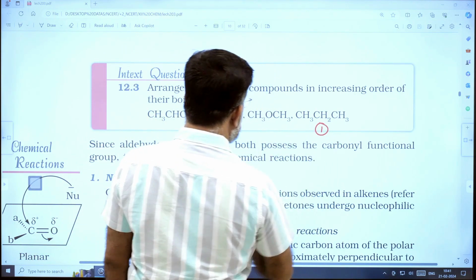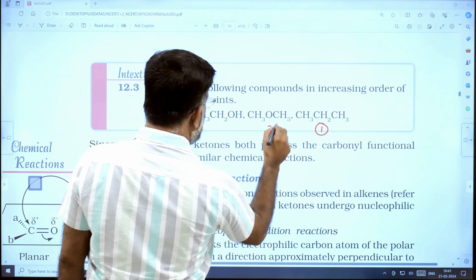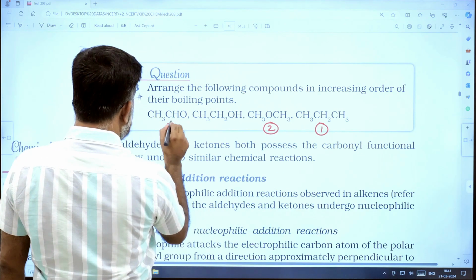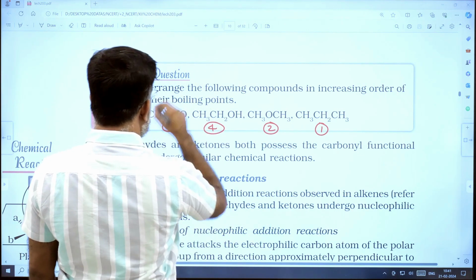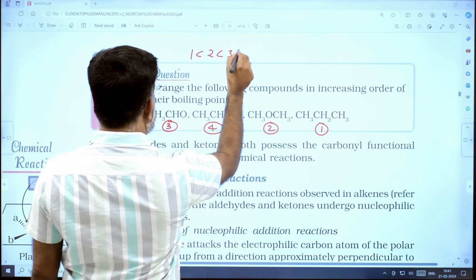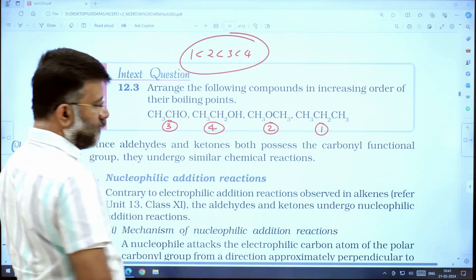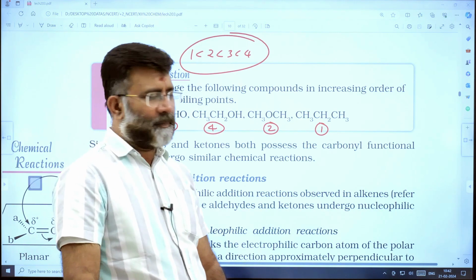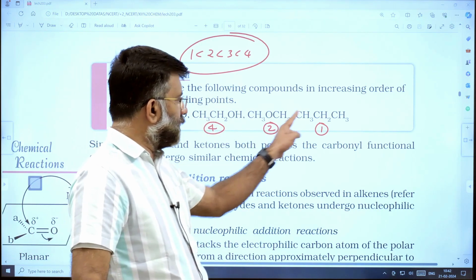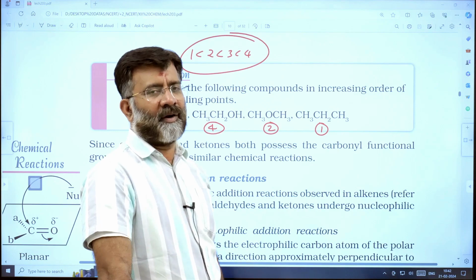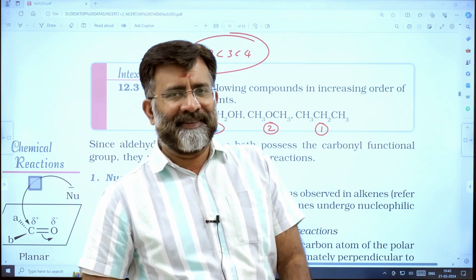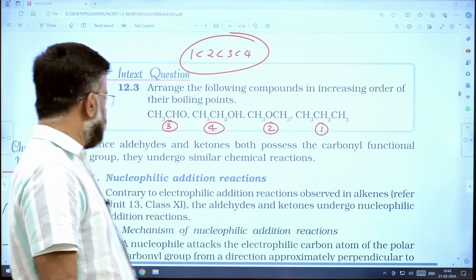So this is number 1, this is number 2, this is number 3, and this will be number 4. It is 1, 2, 3, 4 order. Alcohol is the maximum, then aldehyde, then ether, then alkane. Order of boiling point. Okay, simple points.